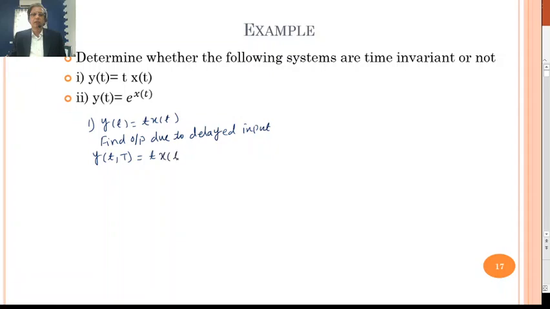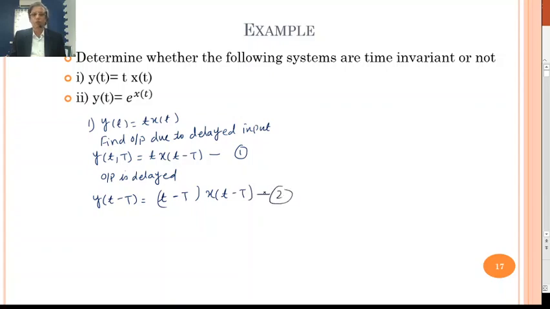This is equation 1. Then find the output when the output is delayed: replace t by t minus T in y(t), which becomes y(t-T) = (t-T) x(t-T). This is equation 2.